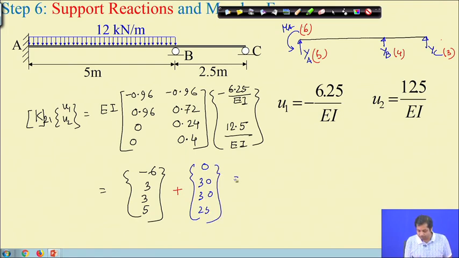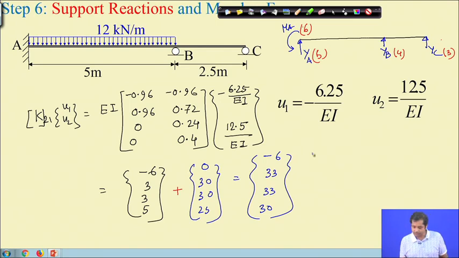The corresponding values will be minus 6, then 33, then 33 and 30. This is associated with degrees of freedom 3 and 4, direction 3, direction 4, direction 5 and direction 6.